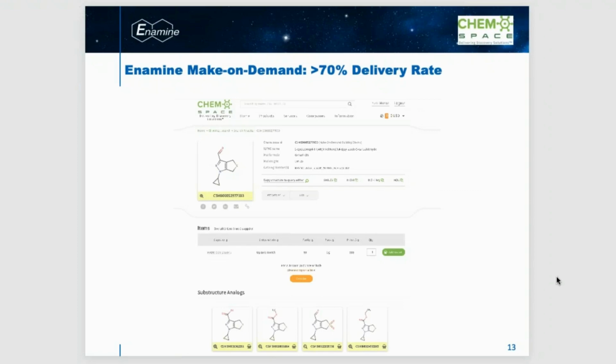And what we also do, we not only add new reagents and procedures, but we thoroughly keep the list of the reagents and the procedures in such a way that only highly successful procedures and reagents are included. All this allows us to keep a high delivery rate of Enamine make-on-demand compounds, and that's basically over 70%.